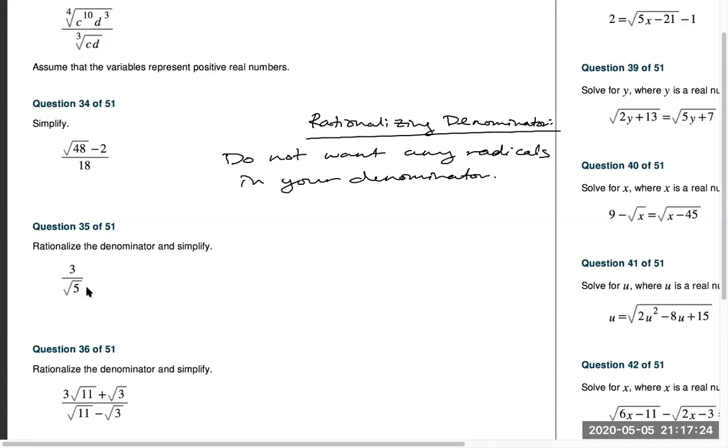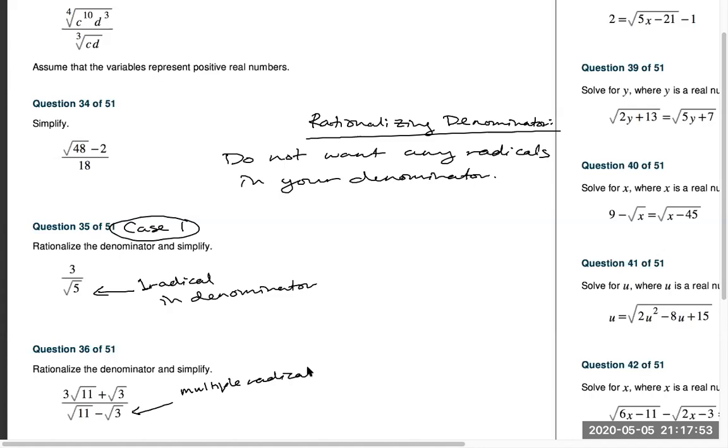Case one, you have one radical in your denominator. Okay, and then the other one is you have multiple radicals added or subtracted.